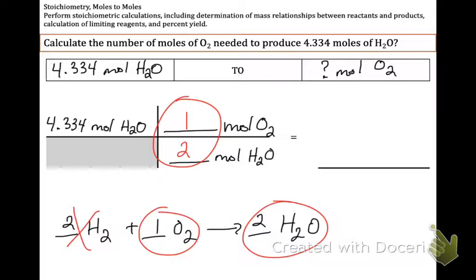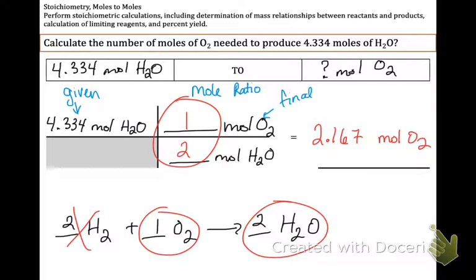And we get 2.167 moles of oxygen. So just to review where my numbers came from, the 4.334, that was given to me in the problem. The 1 and the 2, that's my mole ratio, and I get those numbers from the coefficients in a balanced equation. And then this is my final unit. And then 2.167, that's my answer.